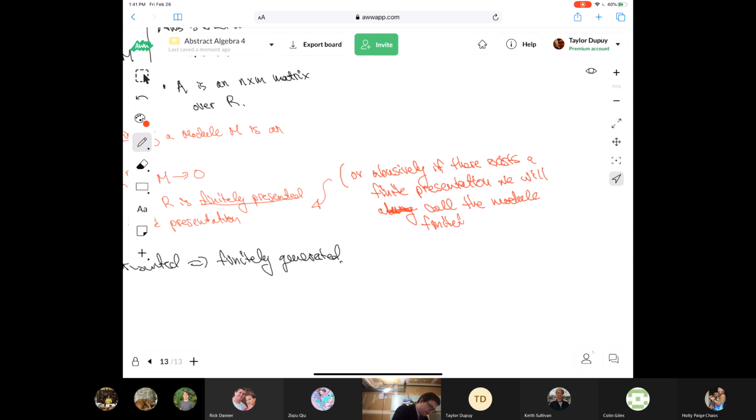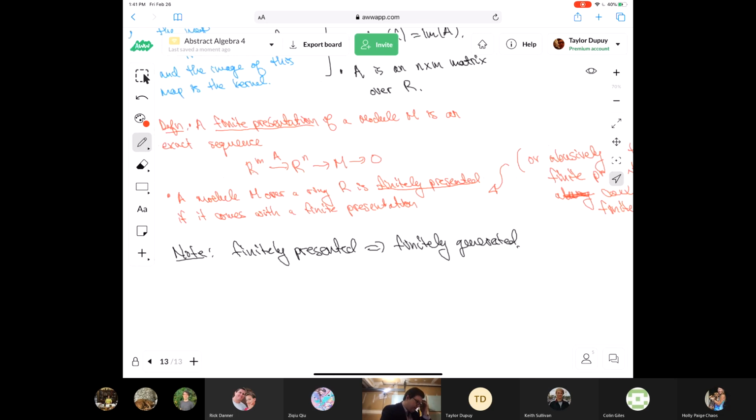finitely presented. Okay, so for the computer algebra people, let me make an important distinction here. In a computer, you can only specify modules by finite presentations. And so you don't just have a module, but you have this matrix that encodes the module.